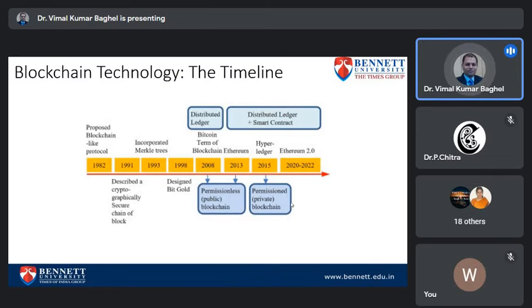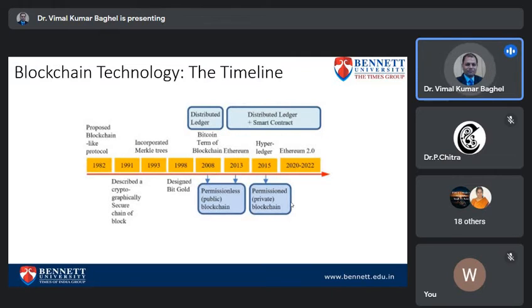Hyperledger was started in 2015, which is basically a private, permissioned blockchain. So there are two types of platform, private blockchain and public blockchain, and they have their own use cases and target customers. Now we are inching towards Ethereum 2.0, and we are still evaluating.